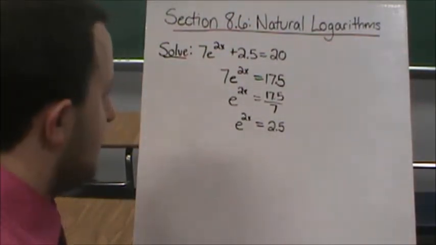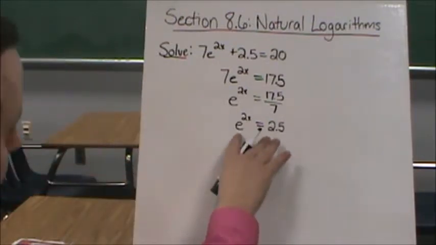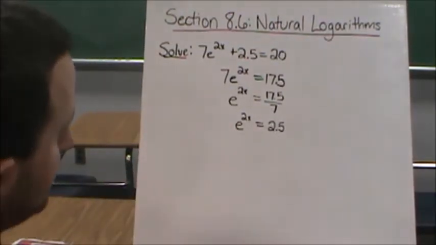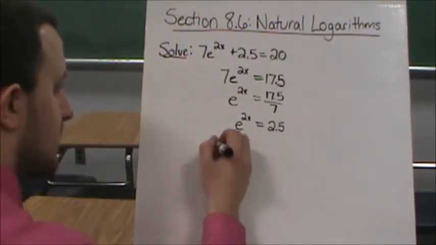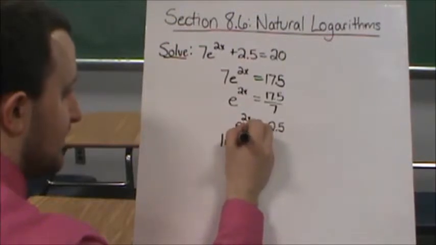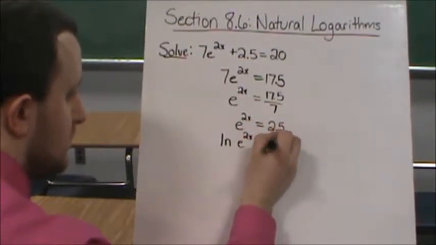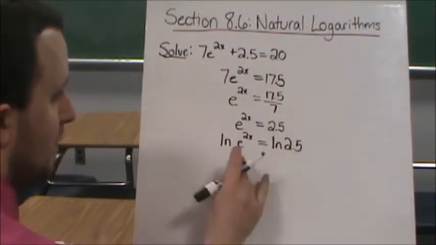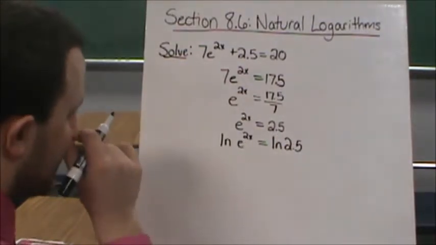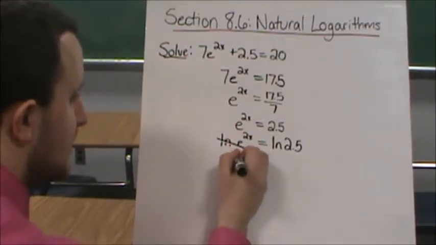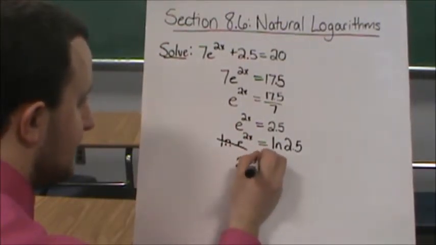And now, to completely undo the exponential part, all we have to do is apply the natural logarithm. So we're going to take the natural logarithm of both sides, so we get ln of e to the 2x equals ln of 2.5. On the left side, we have the ln of e to something, and the ln and e cancel. So you get 2x on the left.